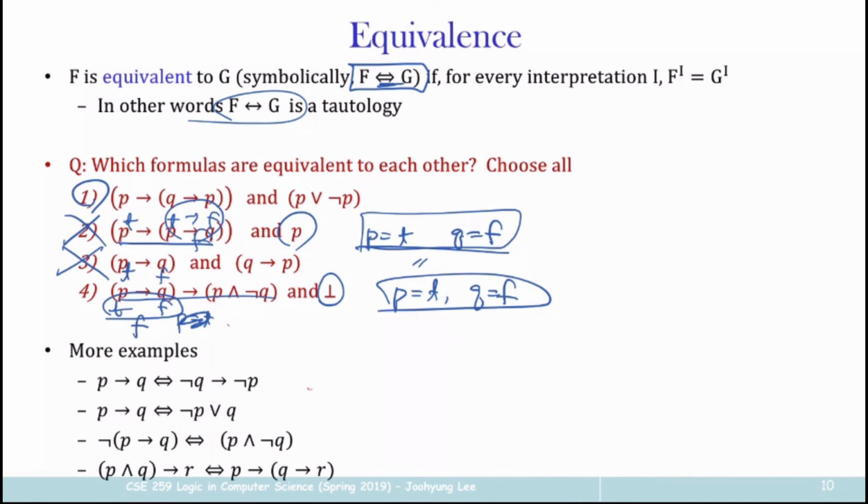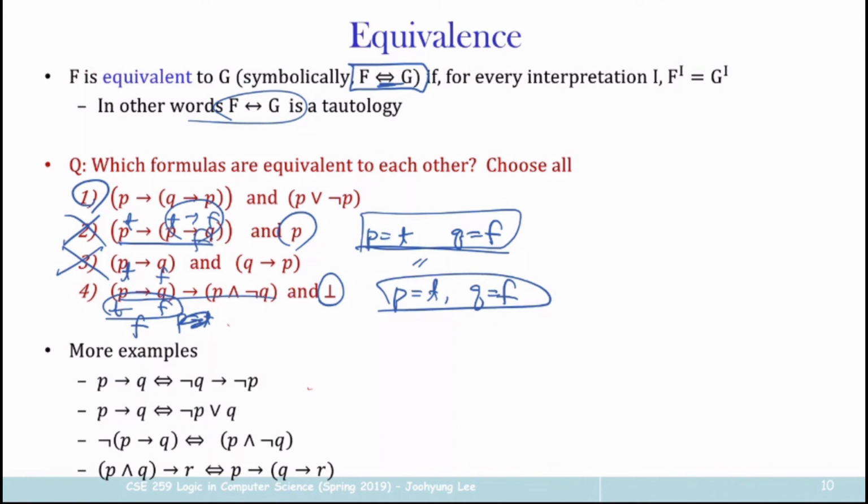One of the well-known equivalences we saw from natural deduction is that P implies Q is equivalent to not Q implies not P. And P implies Q is the same as not P or Q. The negation of P implies Q is the same as P and not Q. And P and Q implies R is equivalent to P implies Q implies R. Now, if I ask you to prove why they are equivalent, you can draw the truth table and show that the truth tables coincide.